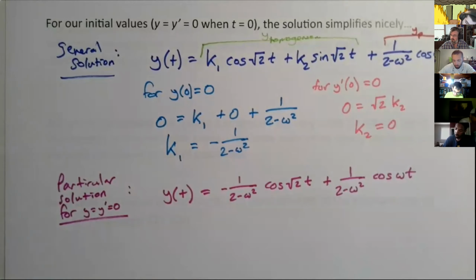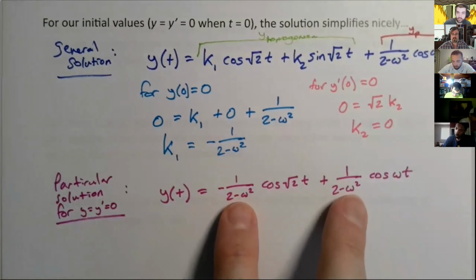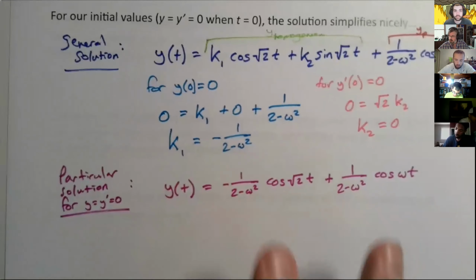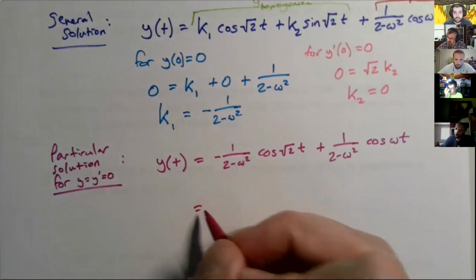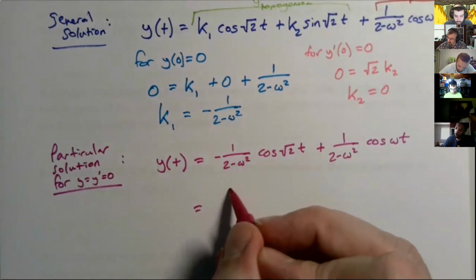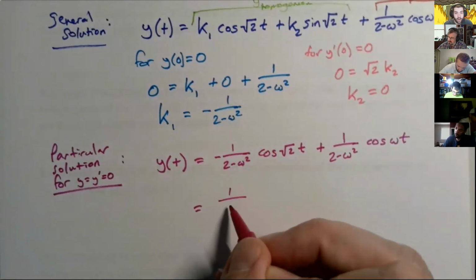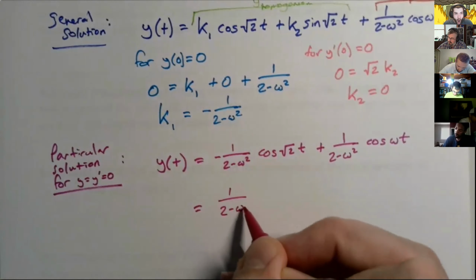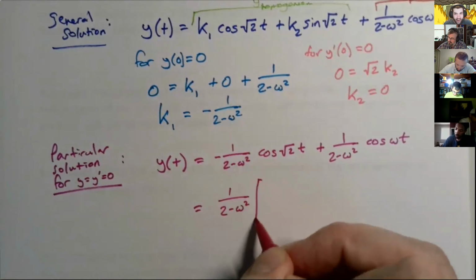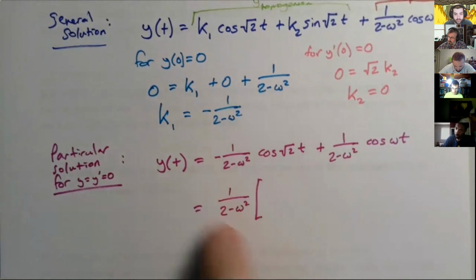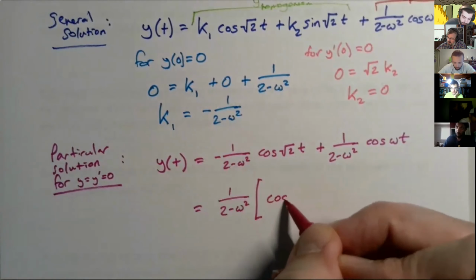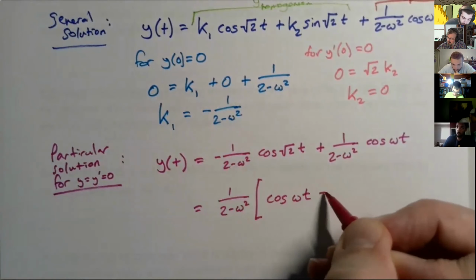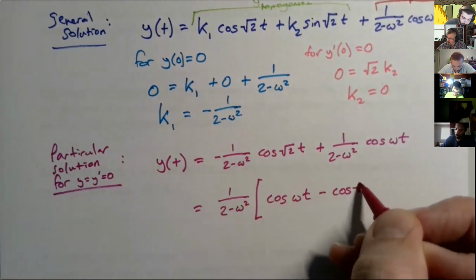Hopefully you see there's a common factor of 1 over (2 minus omega squared). So I can simplify this a little bit, and I'm going to have 1 over (2 minus omega squared) times, this is going to have a negative in front of it, so I'll put him at the end, cosine omega t minus cosine root 2 t.